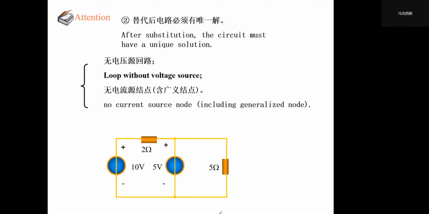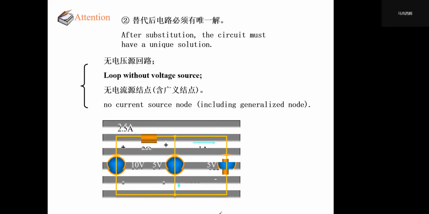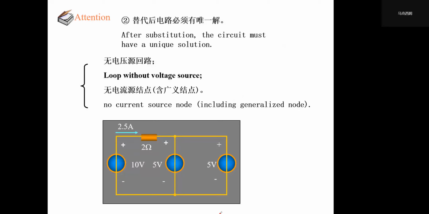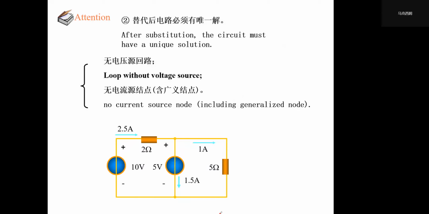Current source. We can replace the 5 ohm resistance like this.